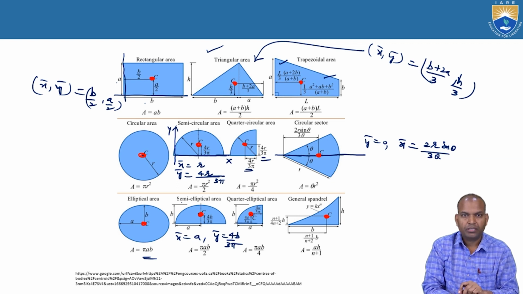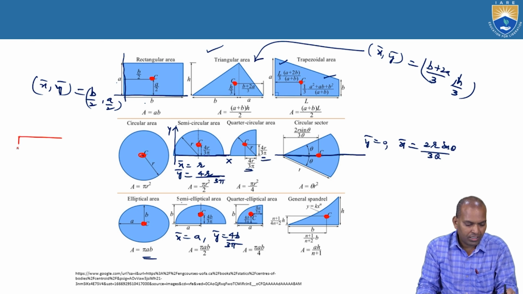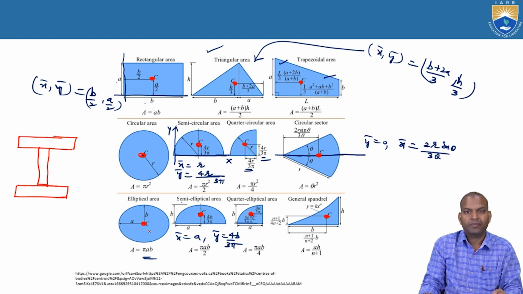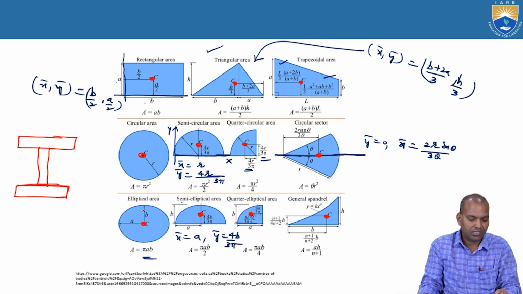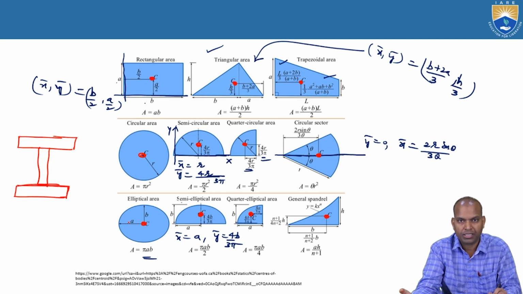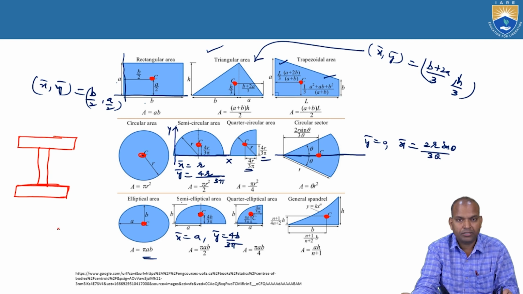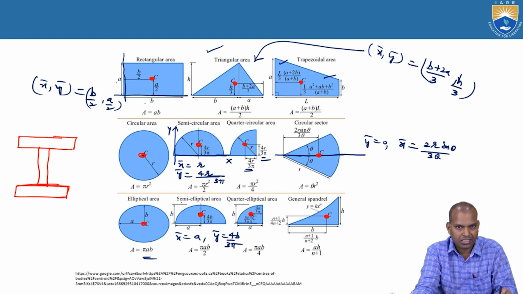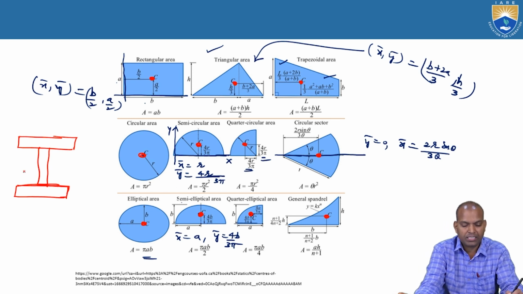Now, if 2-3 rectangles are joined, what is the centroid? This is one rectangle, here is another rectangle, and another rectangle kept vertically. If you join these three, it is known as the I-section. This type of figure is known as a composite figure, where various cross sections are joined. So how do we find the centroid of such figures?